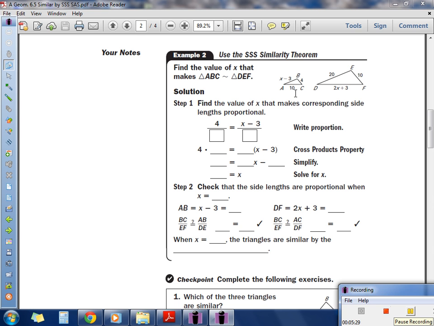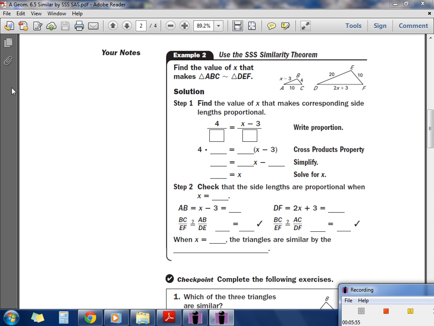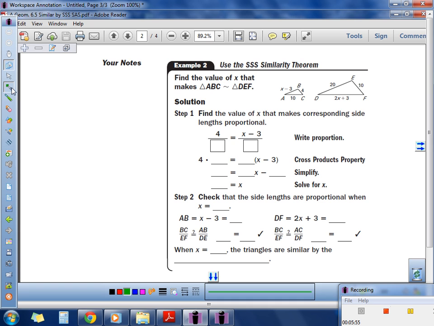So what's the x value there? Okay, so we'll start off with x minus 3. And that x minus 3 piece corresponds to what on the other triangle? 20. Those pieces correspond. Now I need another fraction that relates the two triangles. So I usually do small over big. Oh, 4 over 10. That's nice.